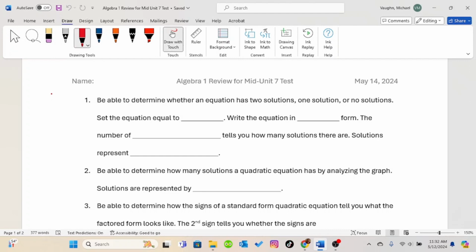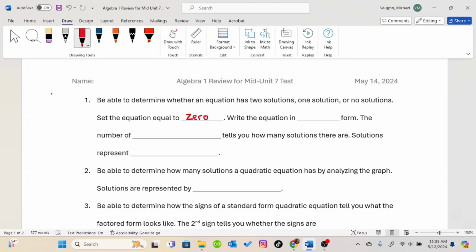Number 1, you need to be able to determine whether an equation has two solutions, one solution, or no solutions. Remember, the first thing you need to do is make sure that the equation is set equal to 0.